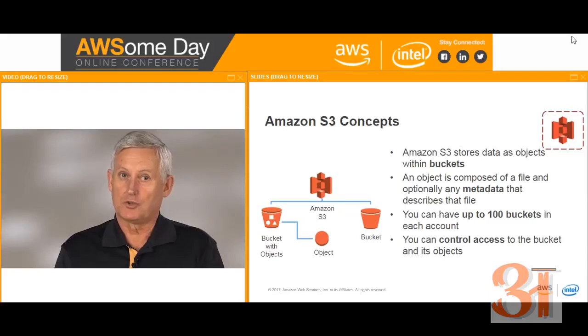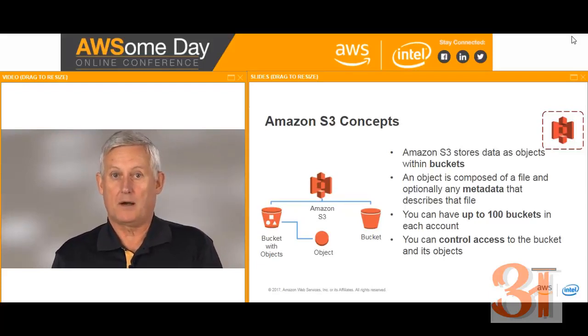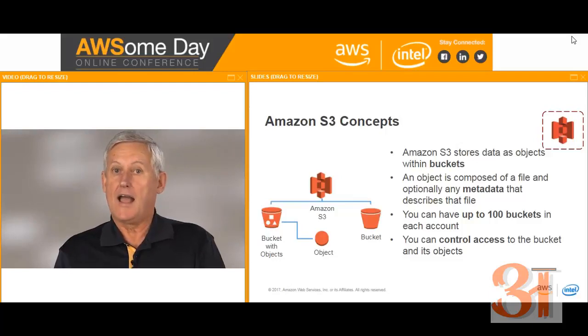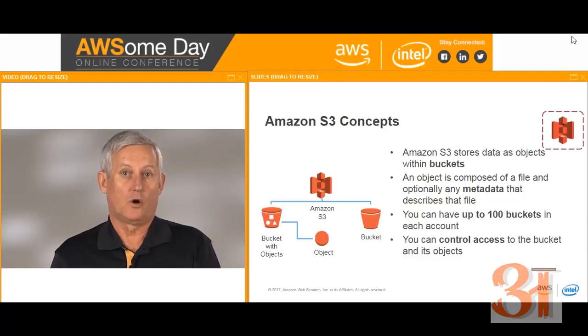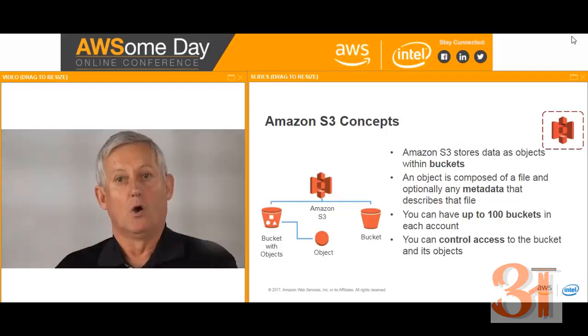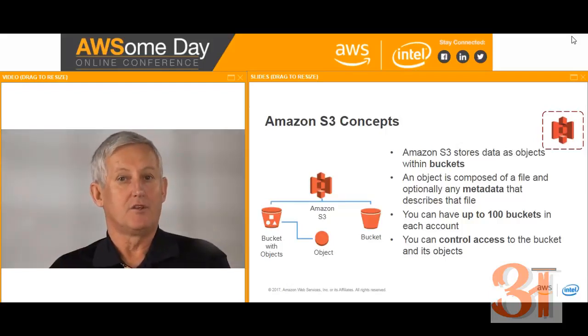Amazon S3 stores data as objects within buckets. An object is composed of a file and any metadata that describes that file. To store an object in Amazon S3, you upload the file you want to store into a bucket. When you upload a file, you can set permissions on the object and add any metadata.